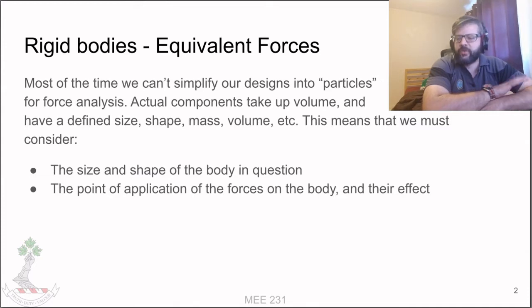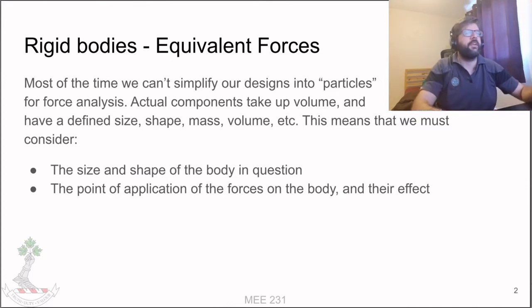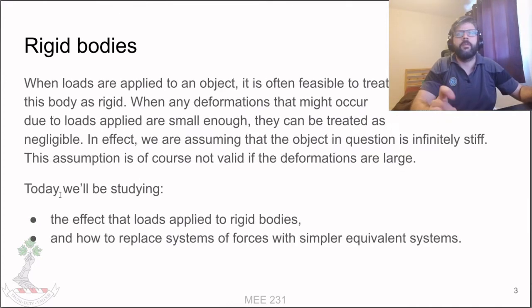Anything that we're actually making takes up volume, it's got size, shape, mass, and so forth. So we need to consider the size and the shape of the body in question, and where the forces we're applying to it act upon the body, and how that affects the equilibrium.